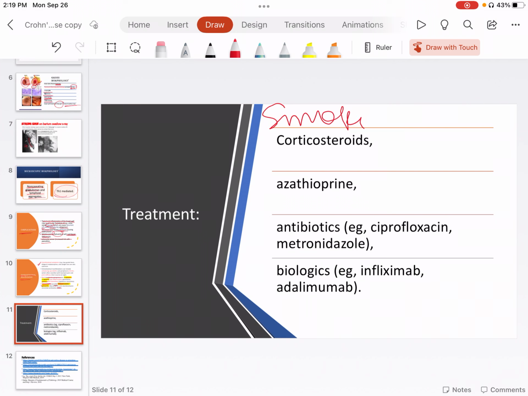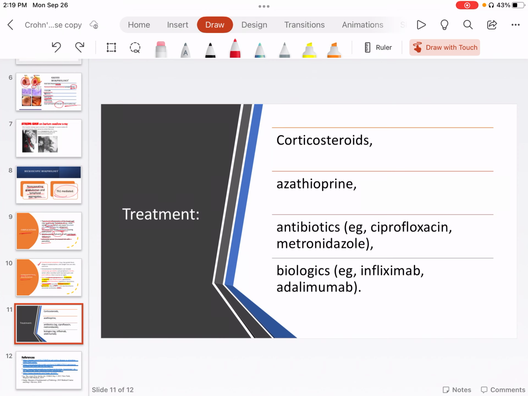Smoking is a very common risk factor for Crohn's disease. If someone is a smoker and has a family history of Crohn's disease, then there are a lot of chances of development of Crohn's disease in that patient.